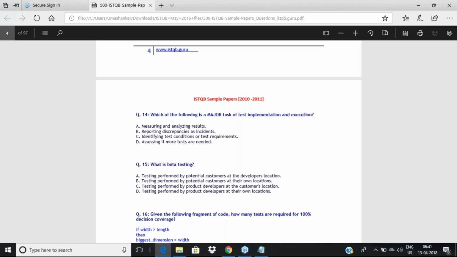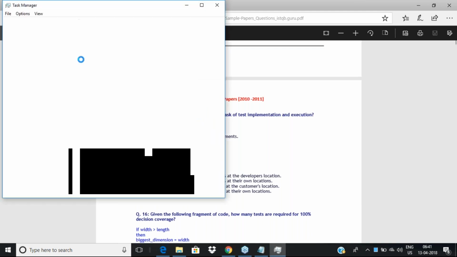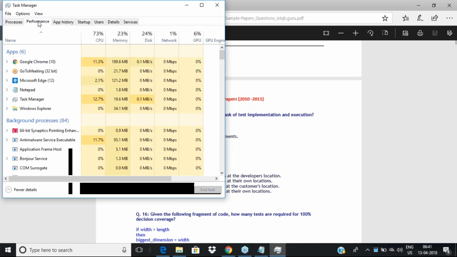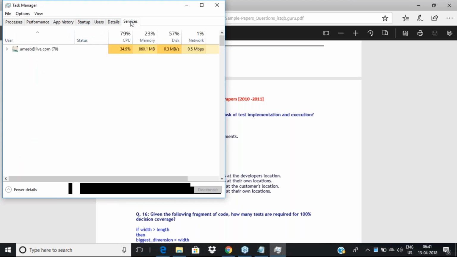The most promising answer would be, of course, I understand that when you find a defect, you have to see if you can reproduce it again. You have to look at which machine you found it on, what the configuration of the machine is, what other performance of the machine, different users connected to it, different services running on it.